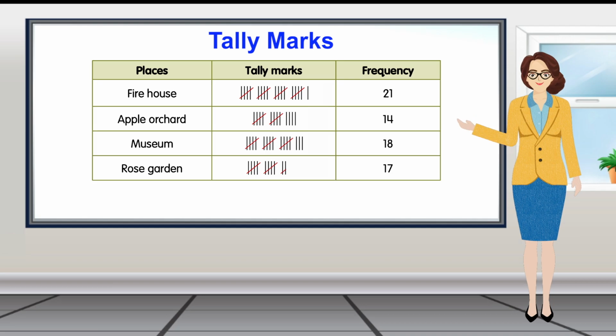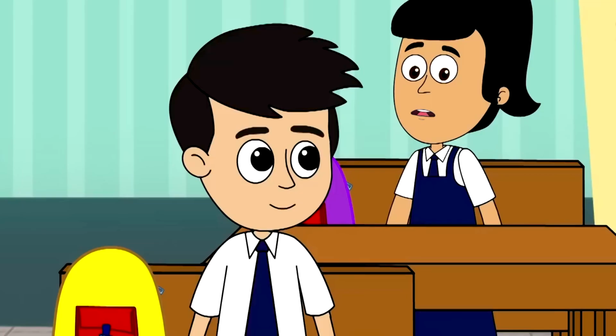We will make 3 bundles of tally marks for the data 15, as 15 divided by 5 is 3, and draw 2 vertical lines to represent the additional 2. Amazing. I understood it well.